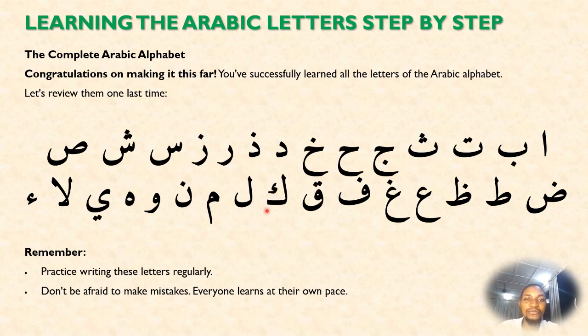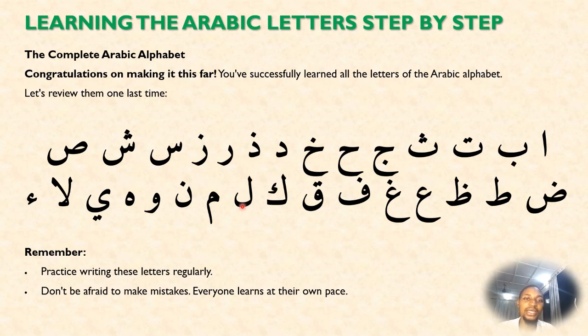We have kaf. Kaf looks like this. We have a vertical line alongside a horizontal line. Then in between it we have something looking like hamza. So that's actually close to an inverted 2.